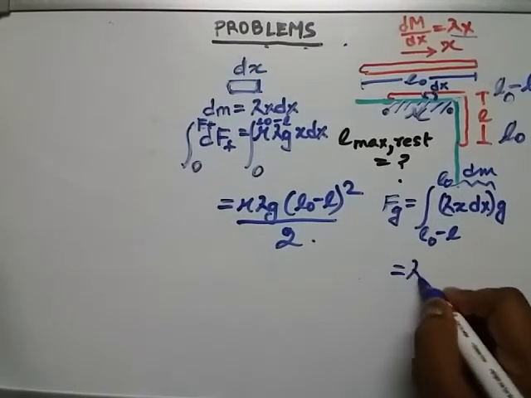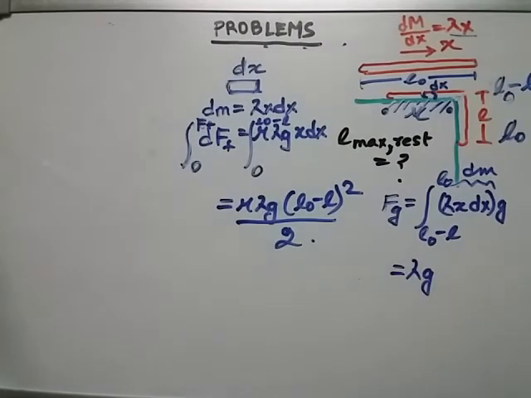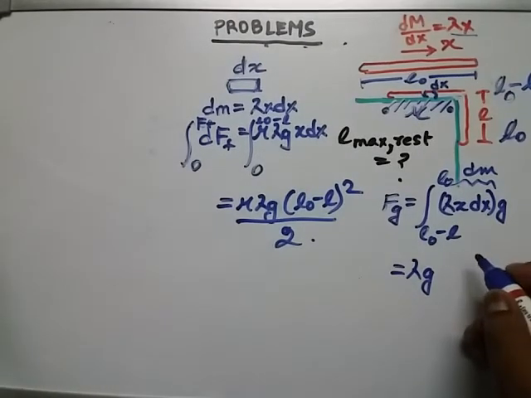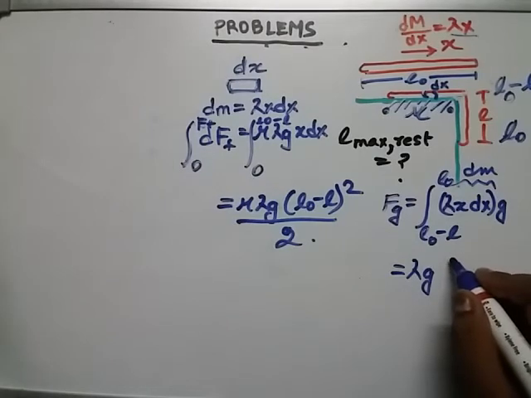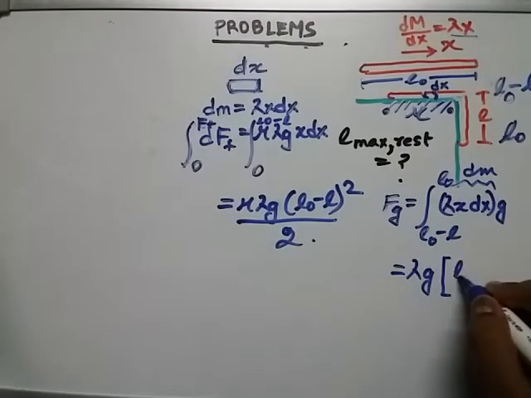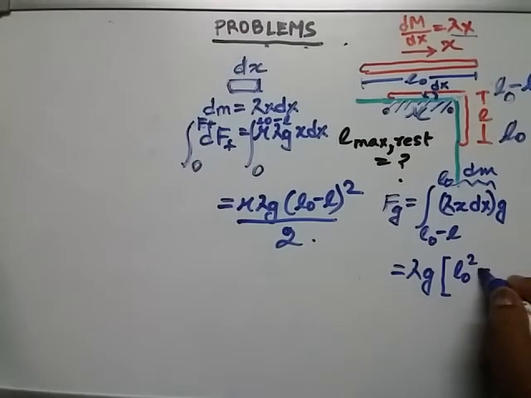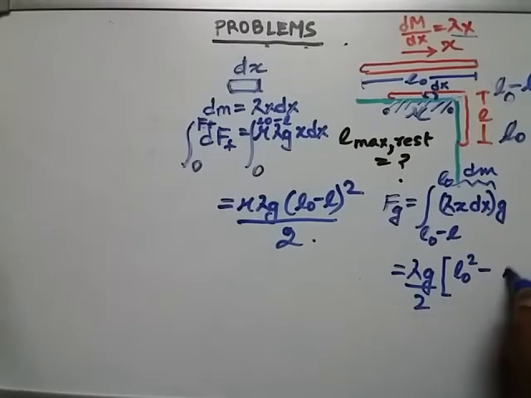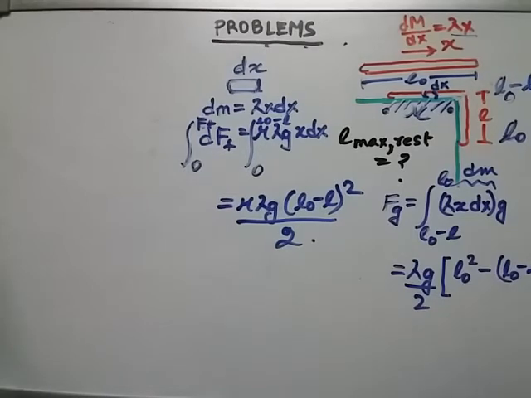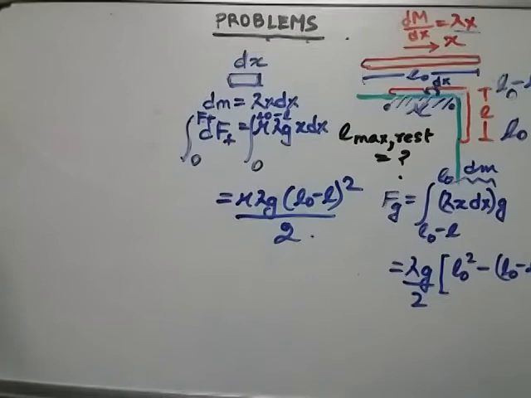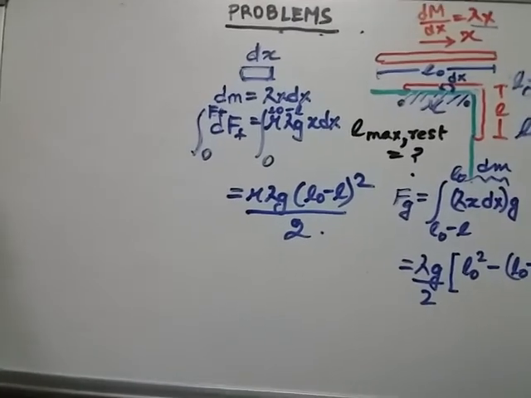So it comes out to be lambda g by 2 L0 square minus lambda g by 2 L0 minus L whole square. Fine. Okay, so you should view this properly.